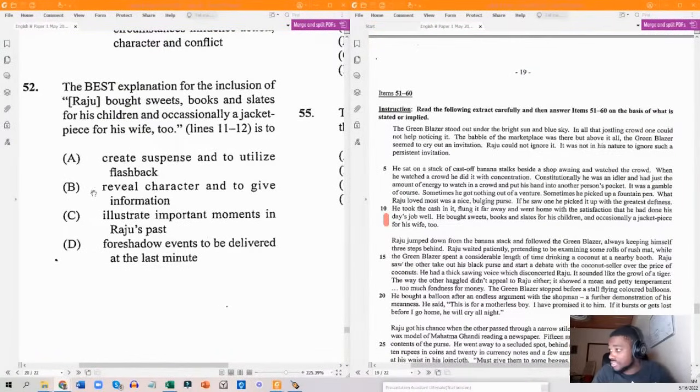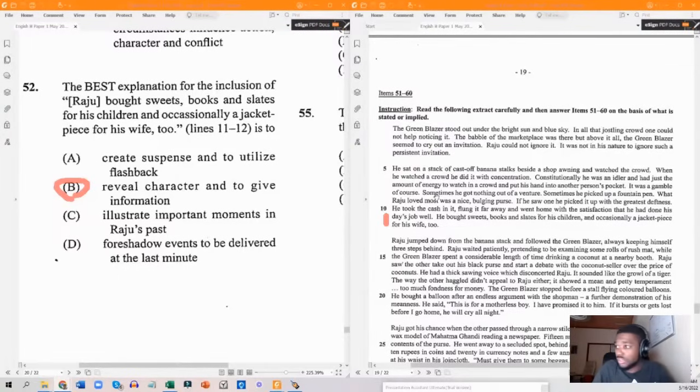Okay, the answer has to be B. Reveal character and give information. So now we know that Raju has a wife. We know that he's stealing to take care of his family. We know that even though he's a thief, he's not really a mean person.